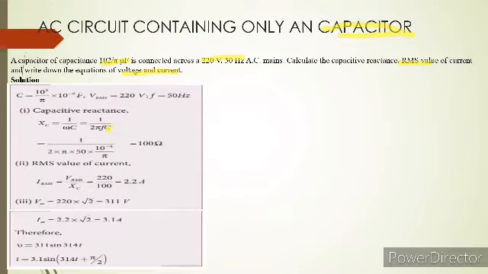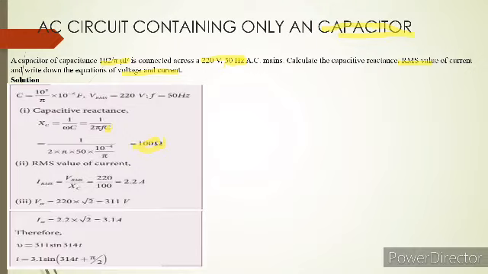So we'll get 10 to the power of 4 by pi. By solving it we'll get 100 ohms. If they haven't mentioned any frequency in the question, then you have to take it as 50 hertz, because 50 hertz is the common frequency for all problems. Normally they usually take it as 50 hertz.